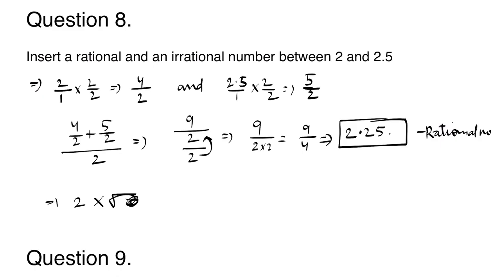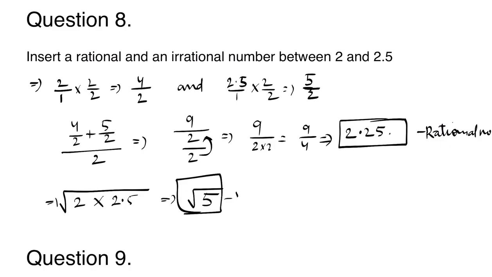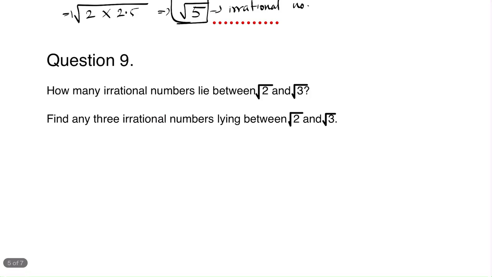Sorry, this can be written as root of 5, which is an irrational number. Okay, the next question: how many irrational numbers lie between root 2 and root 3?